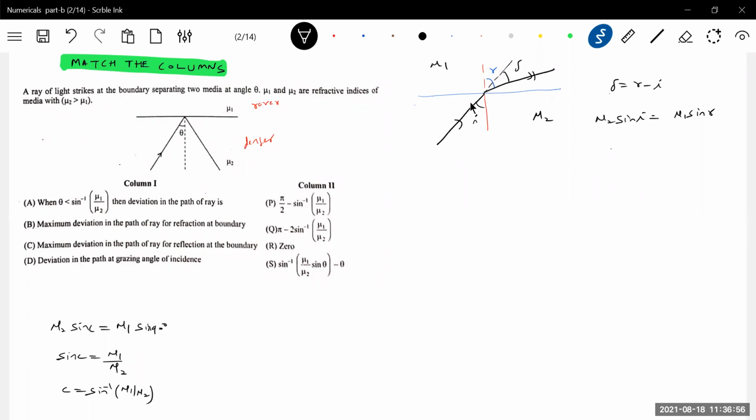This theta is the angle of incidence given for us. R minus theta. So that R is what we are going to replace here. R will be sine inverse of mu2 by mu1 sine theta, minus theta.